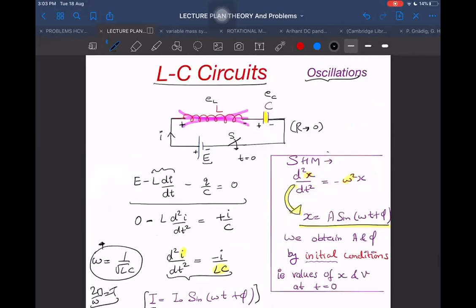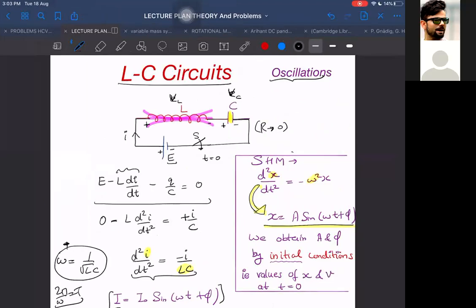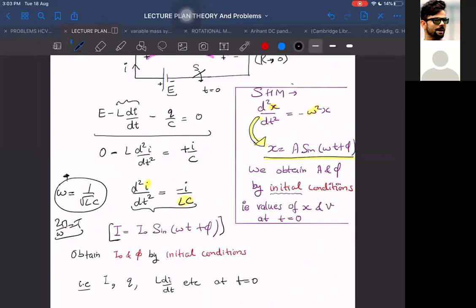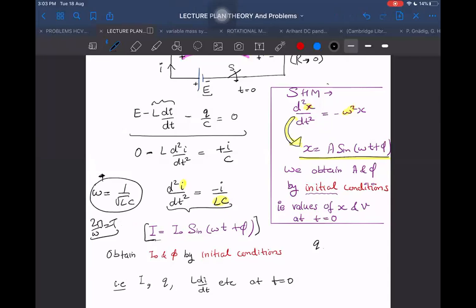The voltage across the inductor is also SHM. So all these are executing SHM separately. Charge Q will also be executing SHM. How? If I integrate, I get charge as a function of sine omega t or cos omega t. So charge is SHM, I is SHM, L di by dt, etc. All are simple harmonic motions.